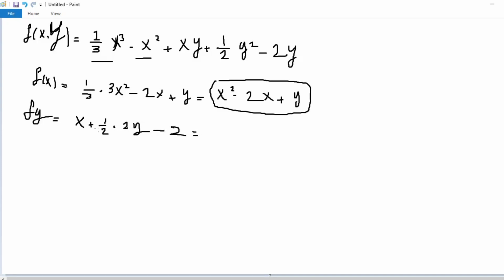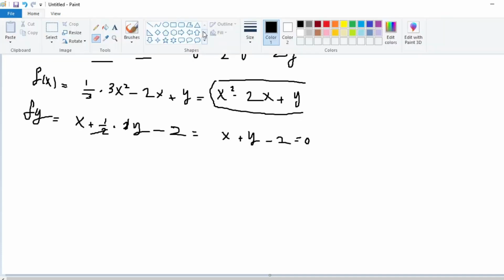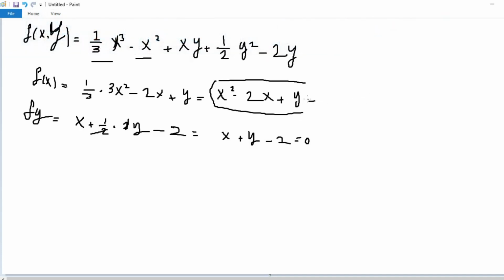So the final answer here, the 2's can be cancelled, and the second equation is going to be x plus y negative 2, which we can also write as equal to 0, and here also equal to 0.